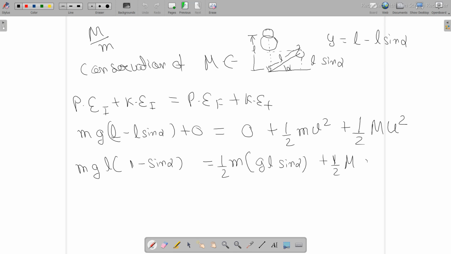Therefore it comes g l sine alpha into sine square alpha.